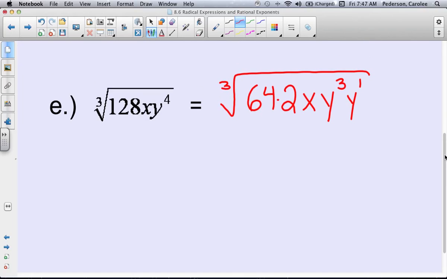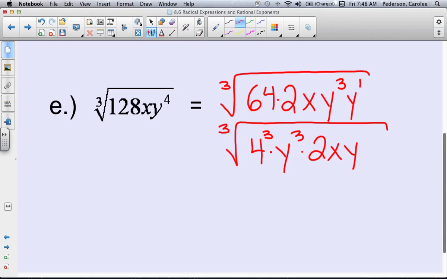Now, you can rewrite 64 as 4 times 4 times 4. And then I'm just going to group the y cubed next to the 4 cubed. And then I have left the 2, the x, and the y.